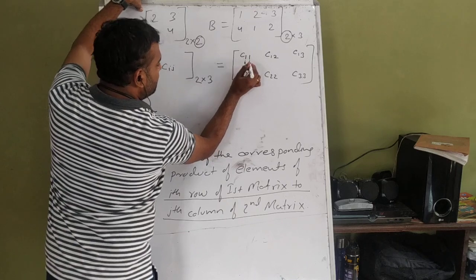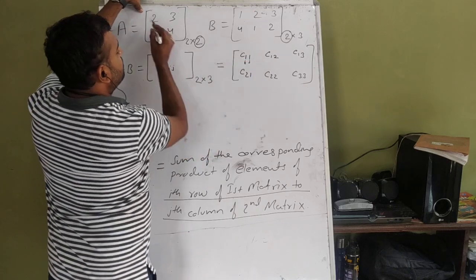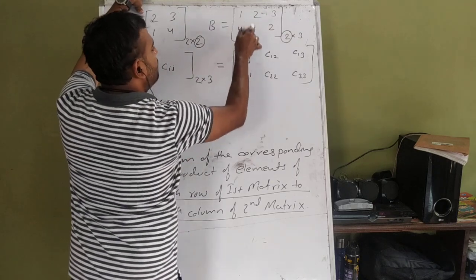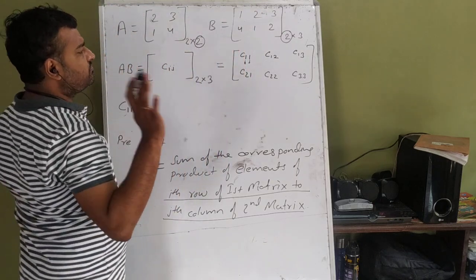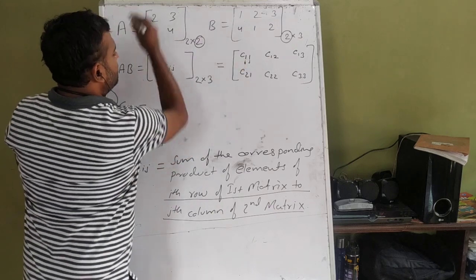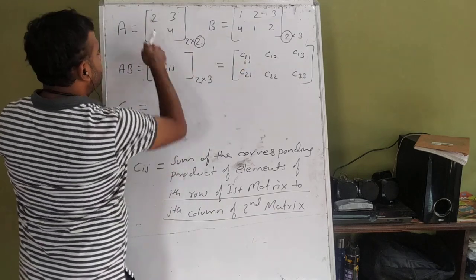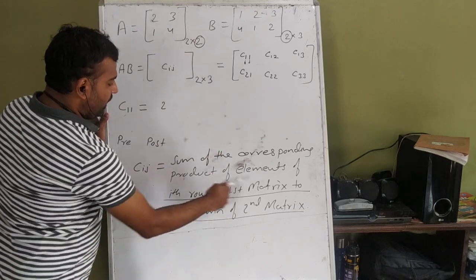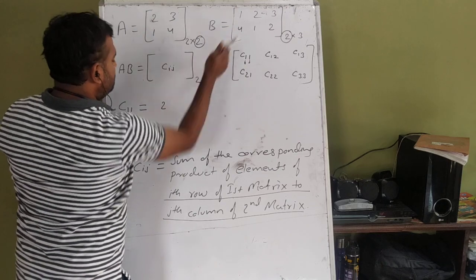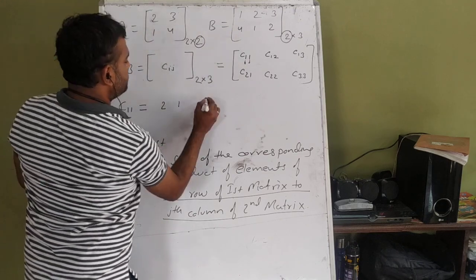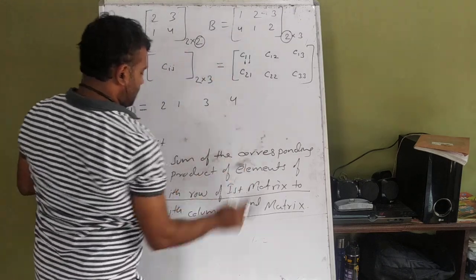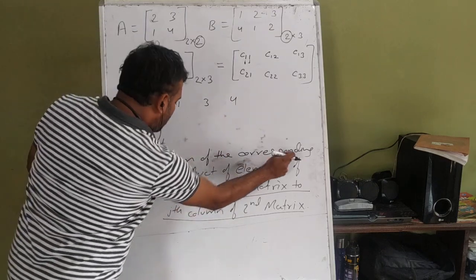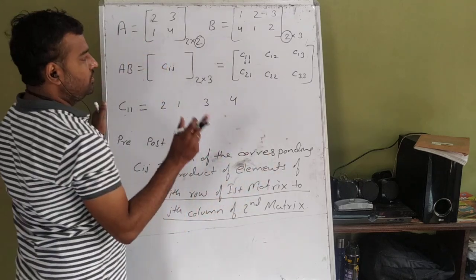For i, you take the first row of the first matrix. For j, you take the first column of the second matrix. That's it. Now, what are the elements here? First row, first column: 2 and 3 in the first matrix, and 1 and 4 in the second. How are these elements related? Sum of the corresponding product of the elements.